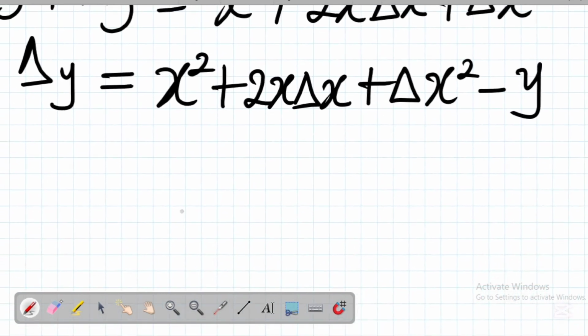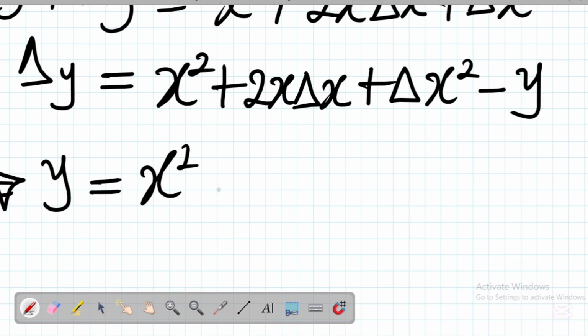Our next task is to substitute the value of y. Remember, y is equal to x squared, and we called this equation 1.